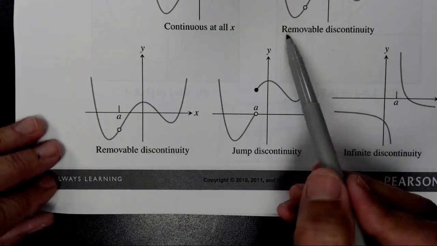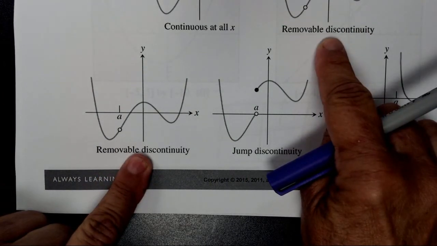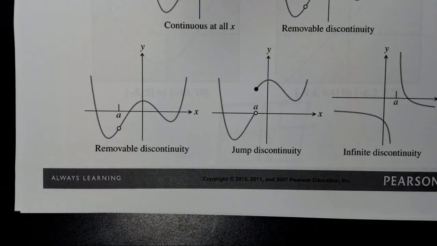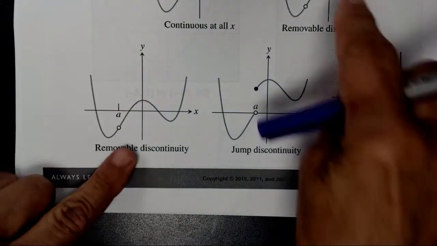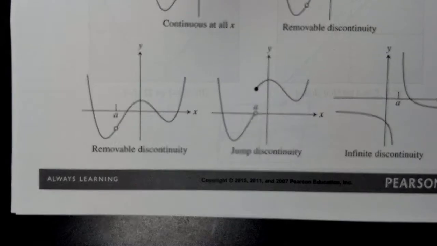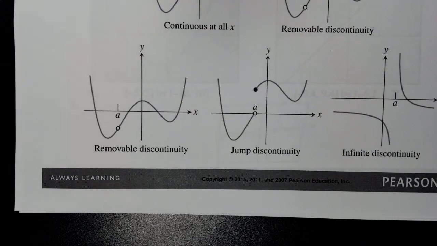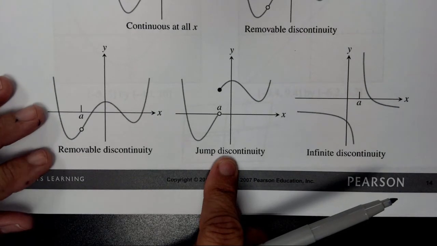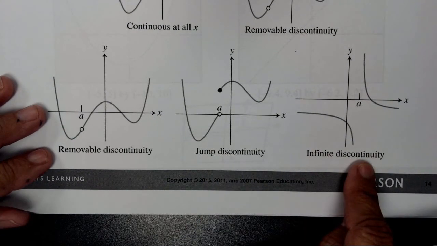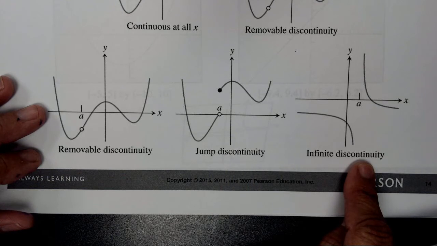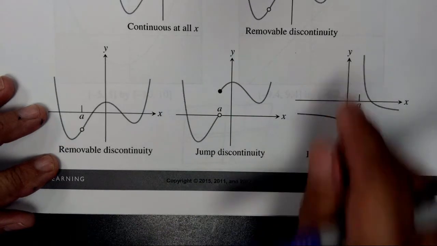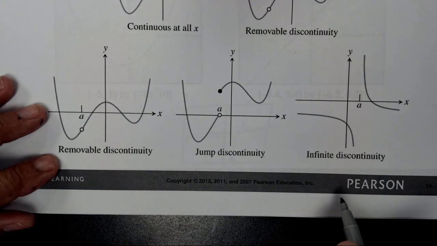This is called removable discontinuity because it's simply a hole. We just removed that one little piece. We got that when the factor on top was the same as the factor on the bottom. Does this make sense to you that we might call this jump discontinuity? And that we call this infinite discontinuity. Remember what I said the words would make intuitive sense tonight. Okay? So there's a jump in the graph. This is infinite because we have an asymptote.